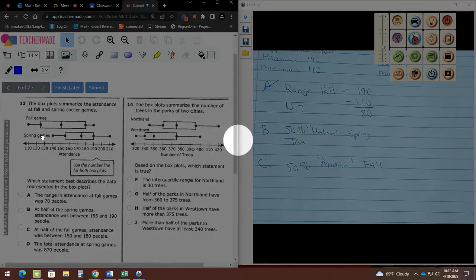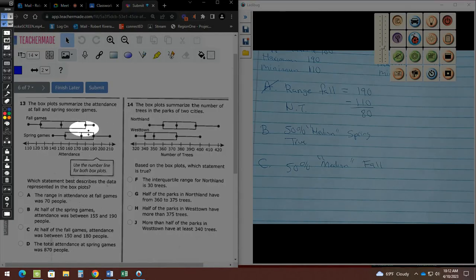Between 150 and 180. So 150 would be right there, and 180 would be right there. Is that half? That's only what? 25. So letter C is wrong, not true. Do you know why it's wrong? Because that's only 25 and they wanted 50. Okay.